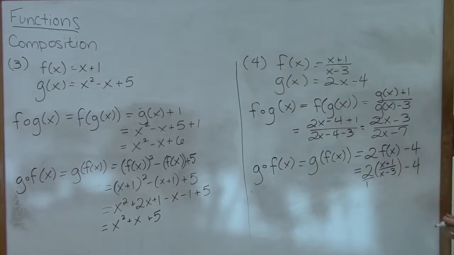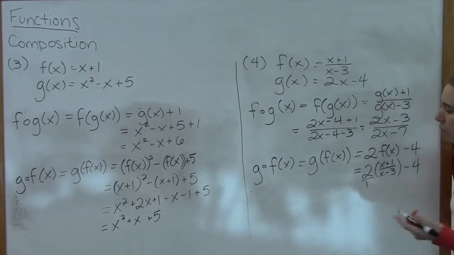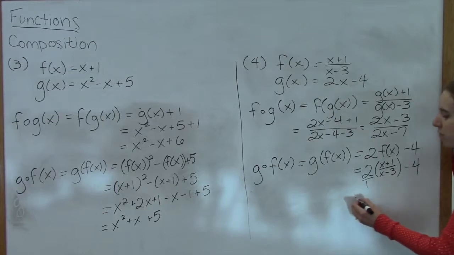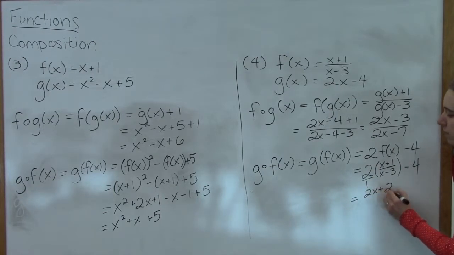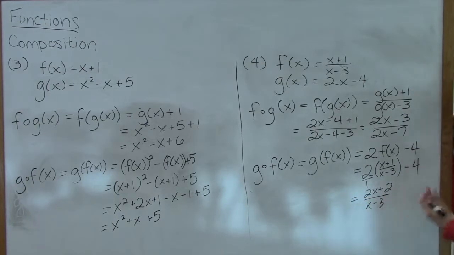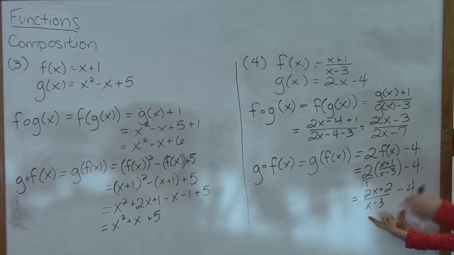Now, I can think of that 2 out in front as 2 over 1. So I have a fraction times a fraction. That 2 needs to be distributed across the numerator. The 1 needs to be distributed across the denominator, but that'll just keep it the same. And there we go. We have a formula for the composition g composed with f, and one for the composition f composed with g.